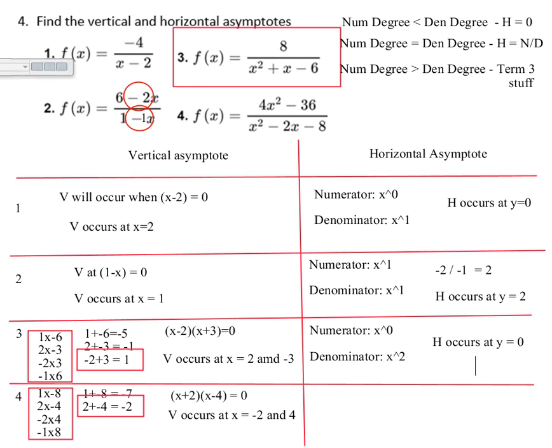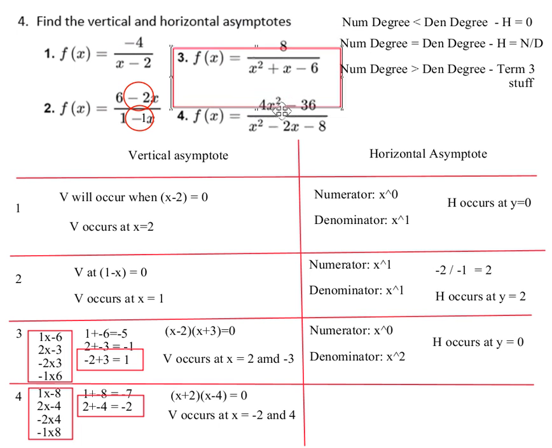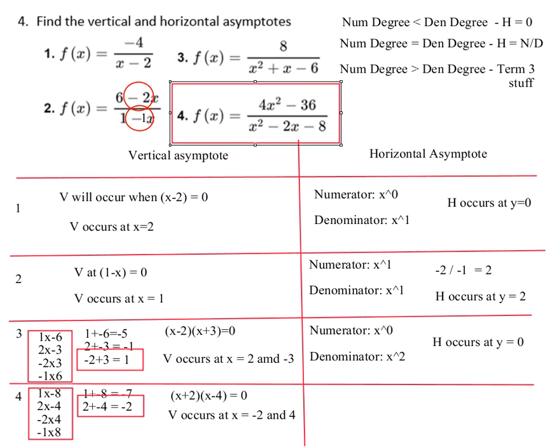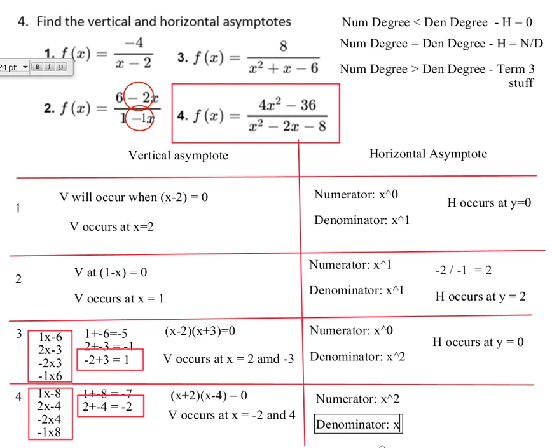Cool. And finally, the numerator here, x is to the power of 2, because we have 4x squared minus 6. And the denominator, x is also to the power of 2. Therefore, we need to look at the coefficients.